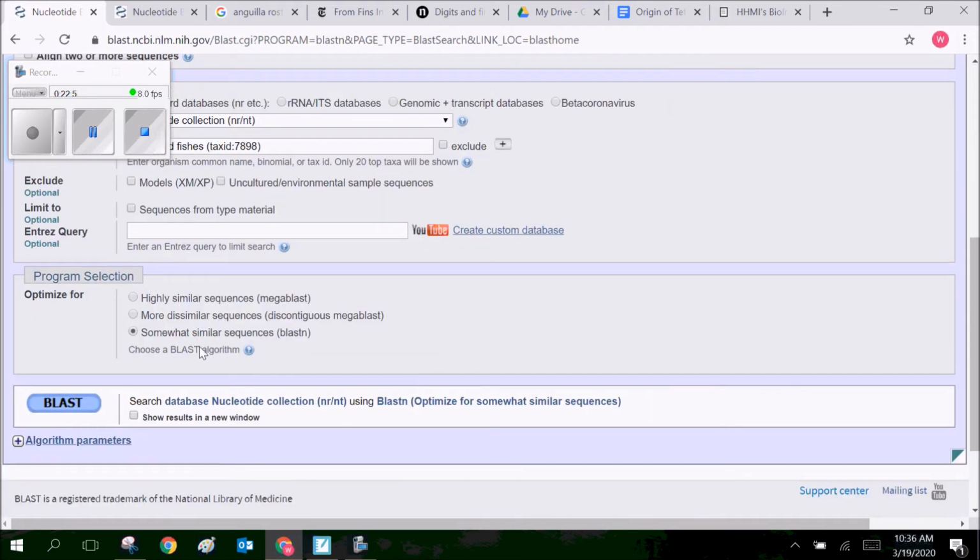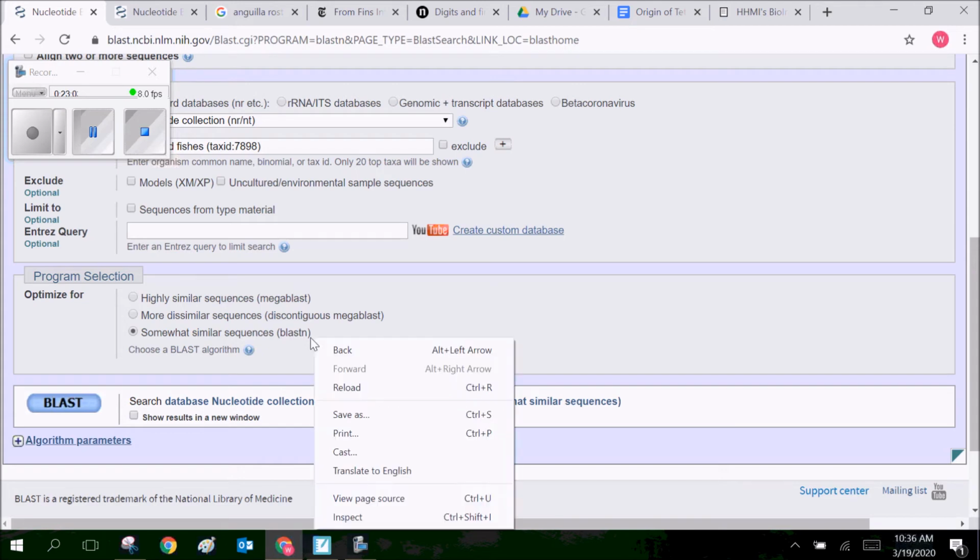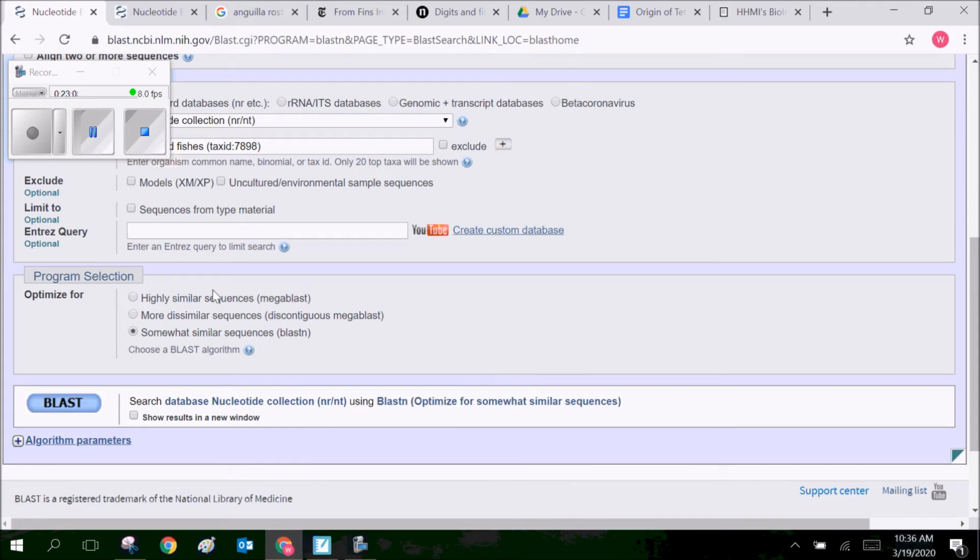Now, down here, it says highly similar sequences, dissimilar sequences, and somewhat similar sequences. Because fish are not closely related to people, there's a huge evolutionary distance. We're not going to be able to use the highly similar sequences, the megablast, because that's for really similar sequences.